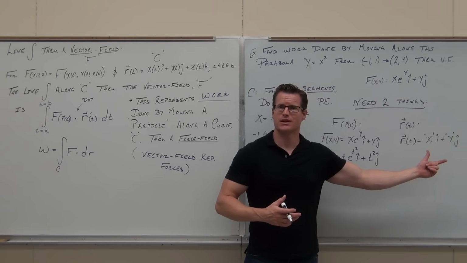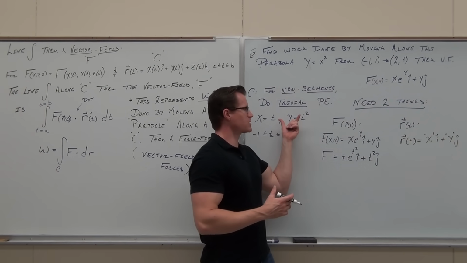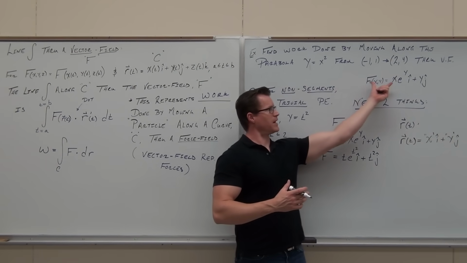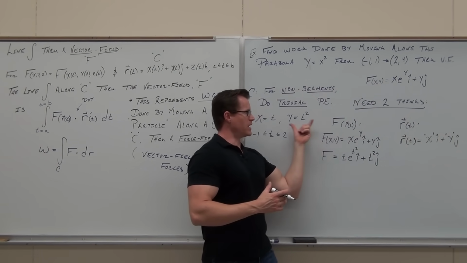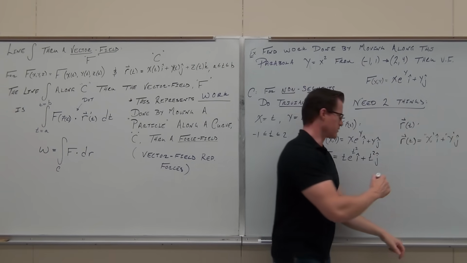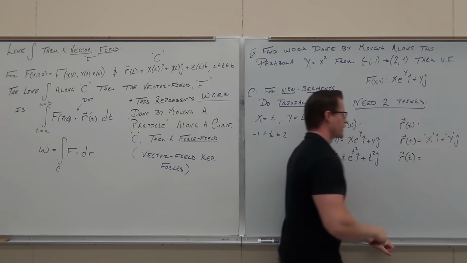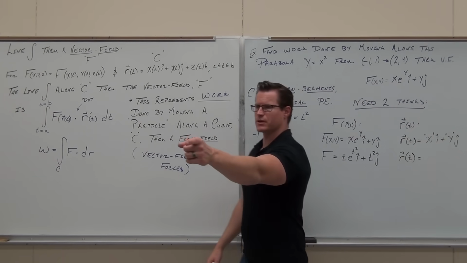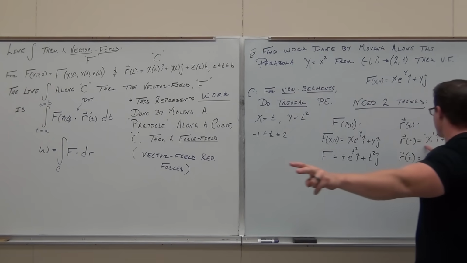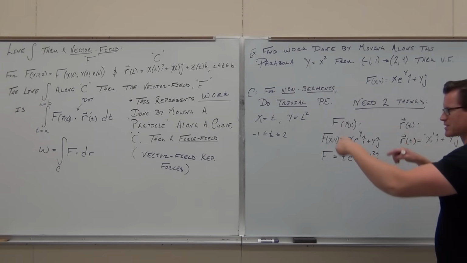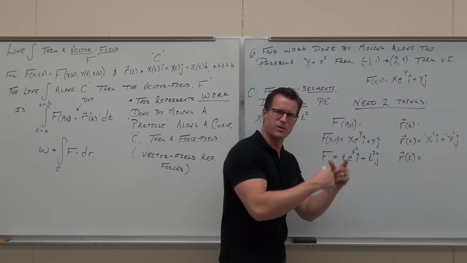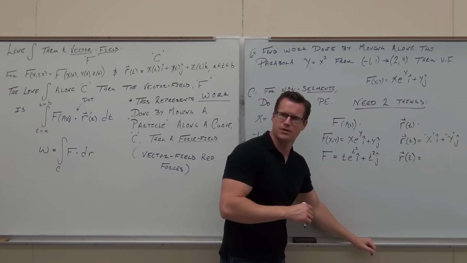It's used twice. You use your x and your y to redefine your vector field. Use your x and y again to create your vector function. Can you please tell me what is left side only? I haven't got much out of you guys. If this is x i plus y j, and I know what my x and my y are, can you please redefine this, reparameterize it, let me know what this is going to be, please?